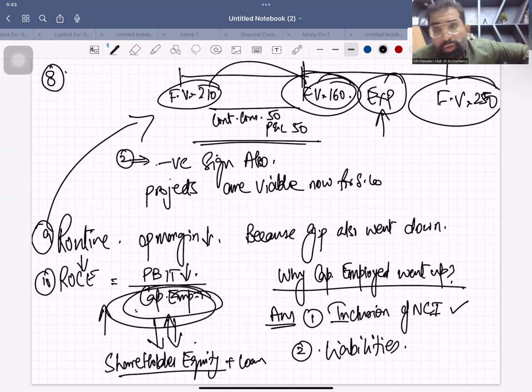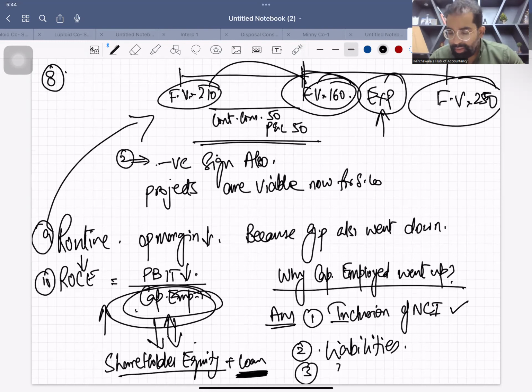The non-current liabilities of subsidiaries are always included. And yes, non-current liabilities are part of capital employed. So there may be a reason that capital employed is going up because of liabilities, right?